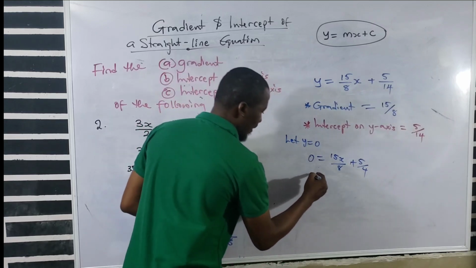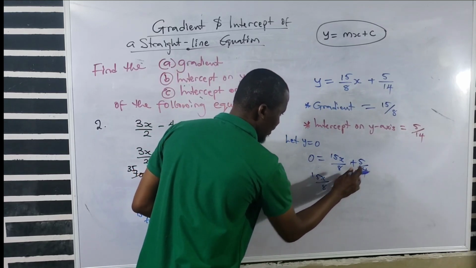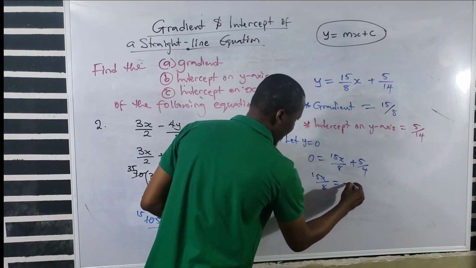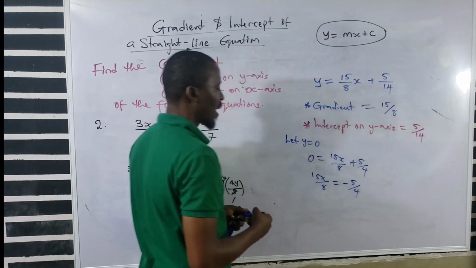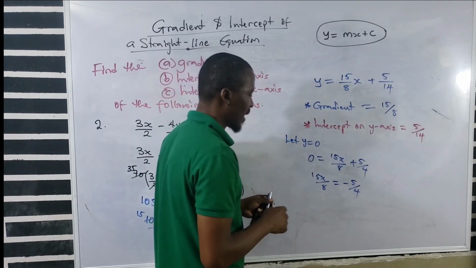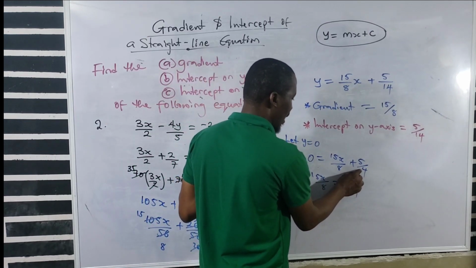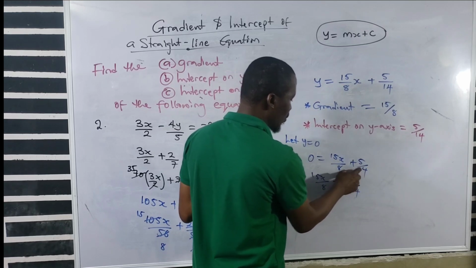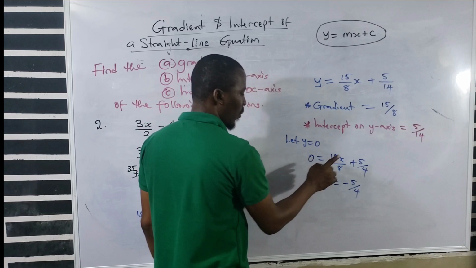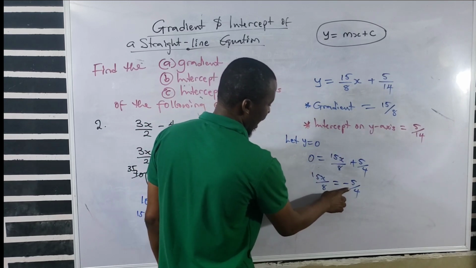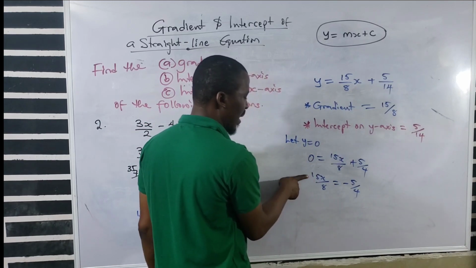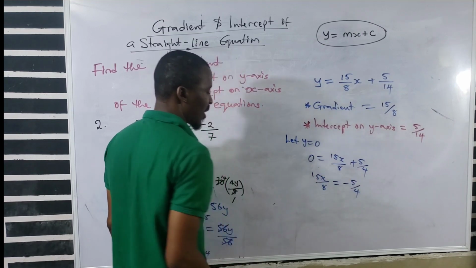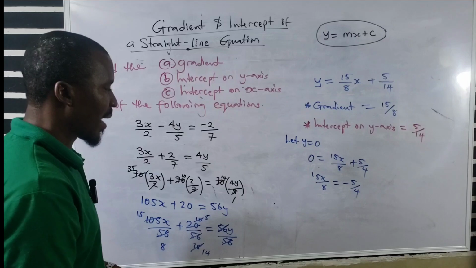So the 15x over 8 has to cross over to give us minus 5 over 4. What has happened is that I carried this one over here. Both of them are positive, so for one to be on one side of the equation, one of them has to be negative. So I choose this to be negative. I can equally put my negative here and leave this one as positive, then divide all through by minus 1.